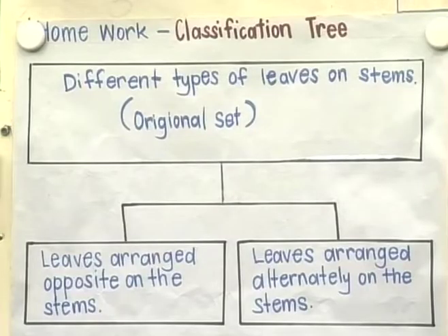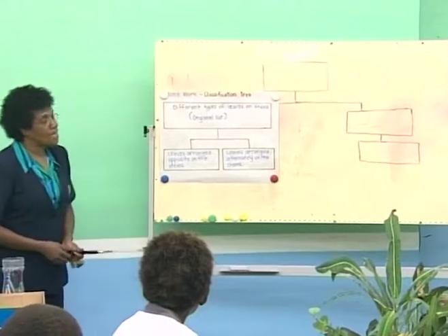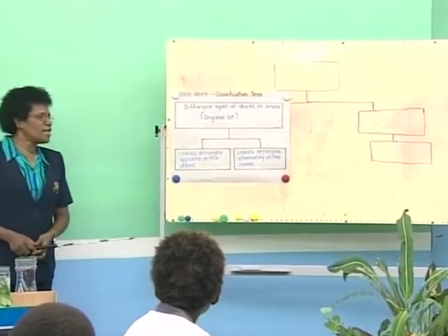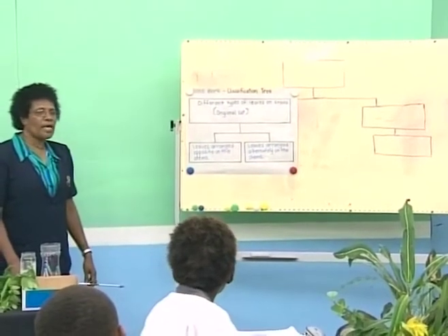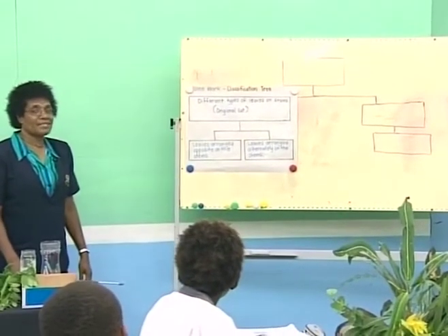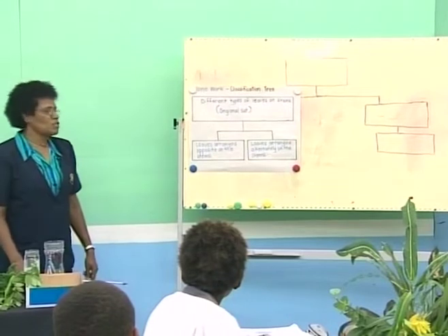Okay, what Pauline and her friends came up with is another one. They are saying they had leaves arranged alternately, that some were in clusters and some single.